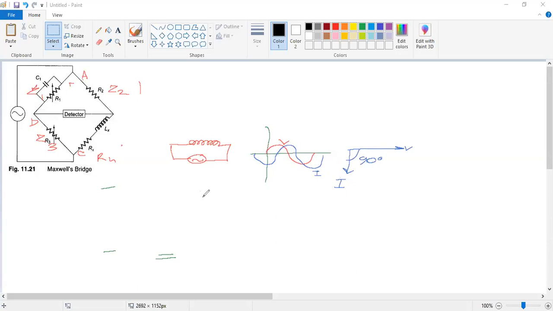If I draw the phasor diagram of a capacitance, look what happens. Say voltage is the reference. Then the capacitance is leading, so it will start 90 degrees over here.